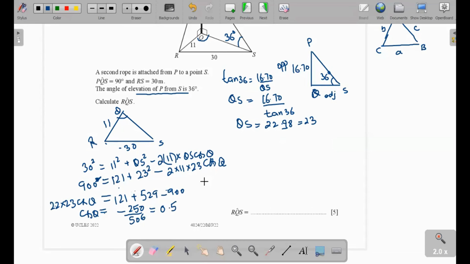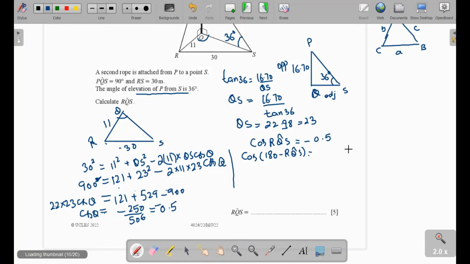Now cos RQS is equal to minus 0.5. Now we can make this value positive: cos of 180 minus RQS will be equal to plus 0.5.